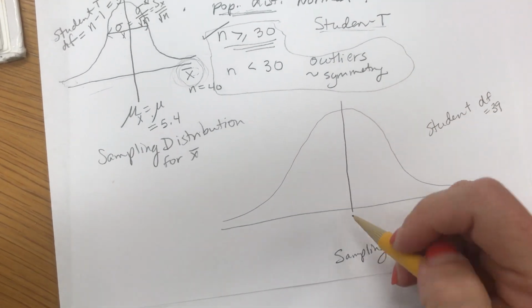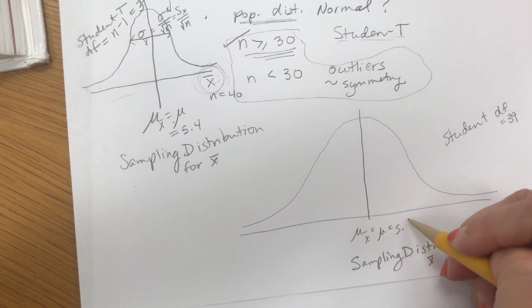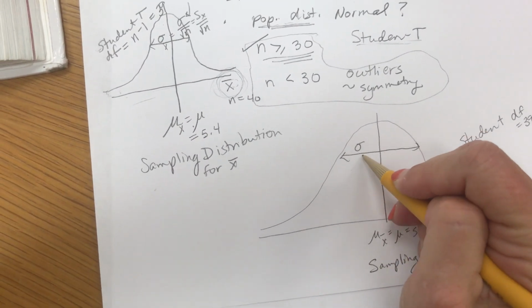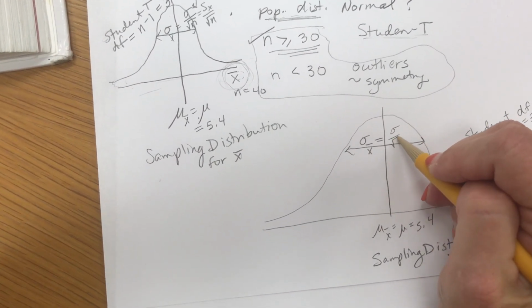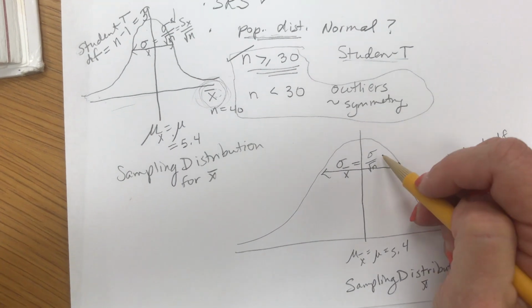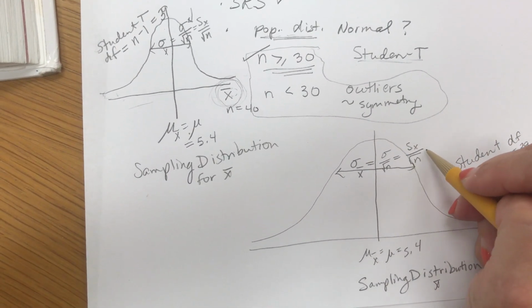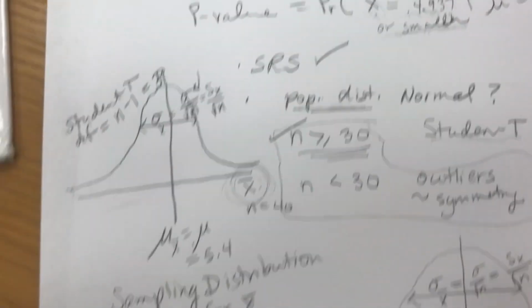Center is going to be the 5.4. The spread of all those is sigma over square root of n. We don't know sigma, so we use my sample, it's the best I've got, over square root of n. The sample standard deviation was 0.504.